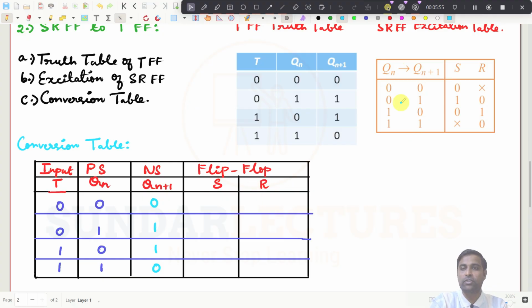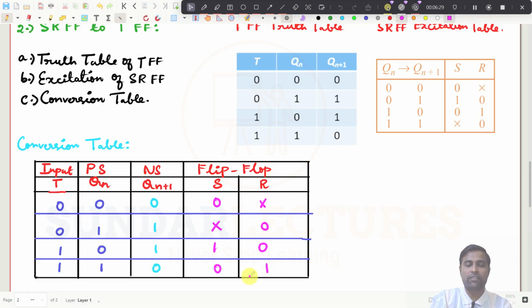SR values by using the excitation table. If it is 0, 0, what should be the SR value? It is 0 and then X. If it is 1, 1, what is the value? It is X and then 0. And if it is 0, 1, maybe I am writing rightly, no problem. 0, 0 means it is 0X, and 1, 1 means it is X0, 0, 1 means it is 1, 0, and 1, 0 means it is 0, 1, right?